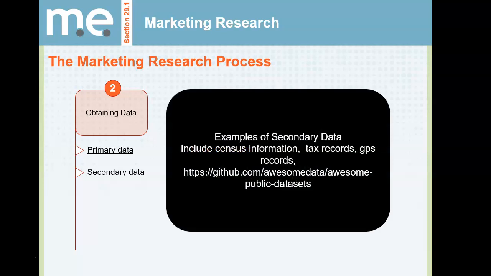Alright, so some examples of secondary data include census information that we gather as a country every 10 years. Tax records, GPS records are used for data. In fact, online, that is how you pay for social media. You pay for social media with your private data. They know how long you stare at a video, how quickly you swipe up and down, what you're actually looking at, and they target all of us for purchases of various types.